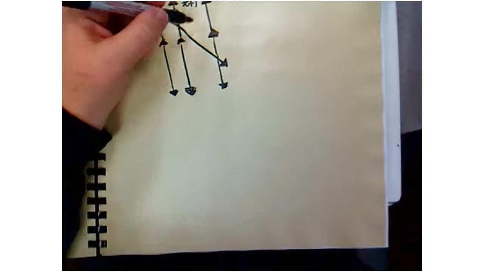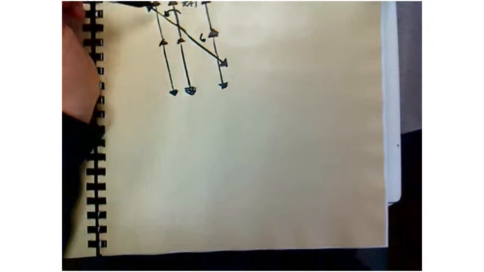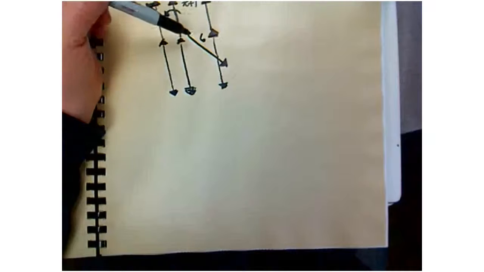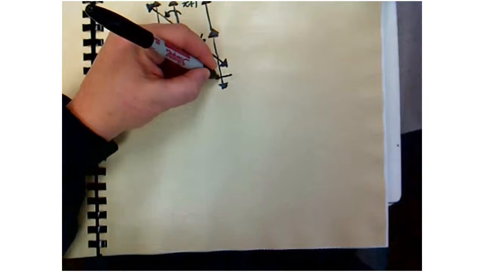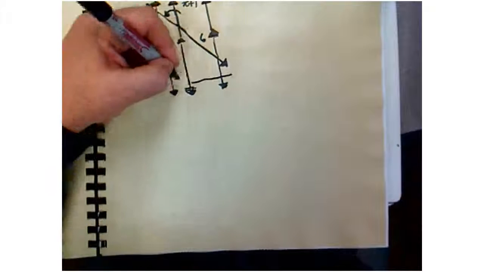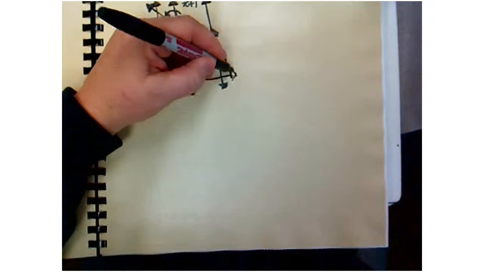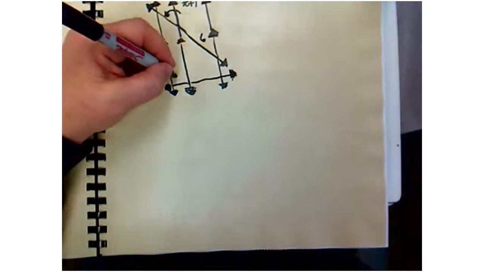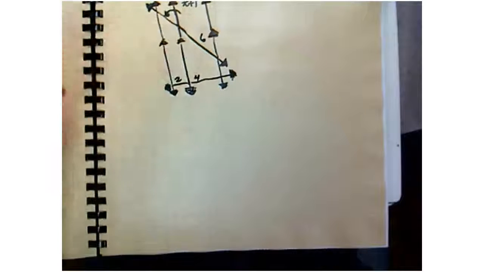The bigger segment is 6. The transversal is splitting up 2 segments, x plus 1 and 6. And at the bottom, the transversal runs from about 2 o'clock to 8 o'clock. And it's broken up into 2 segments, 2 and 4. Find the value of x.